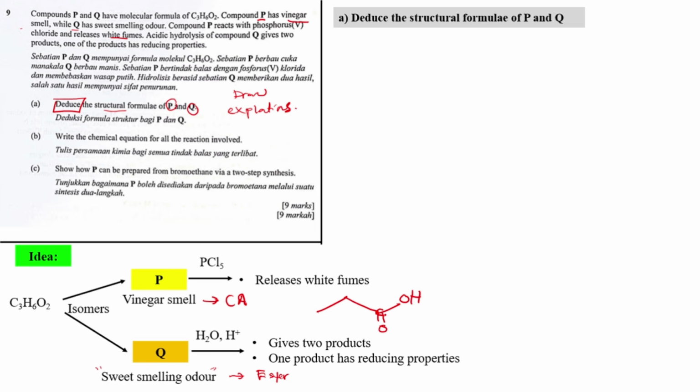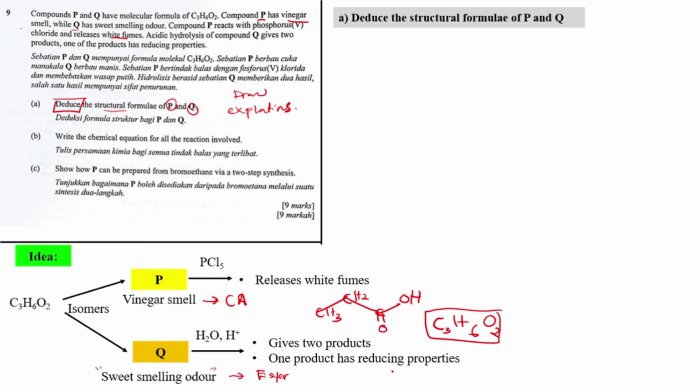Okay, so 1, 2, CH2 here, and then CH3 here. So you're going to have C 3, hydrogen going to have 6, and then oxygen going to have 2. So it is similar to the isomers here. Meanwhile, for the Q, it is an ester.